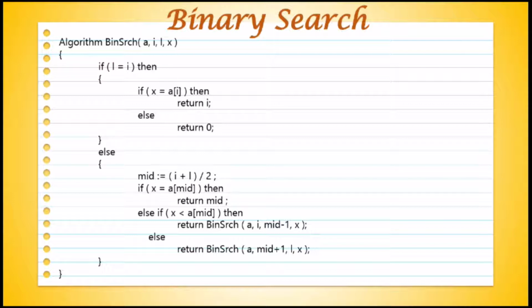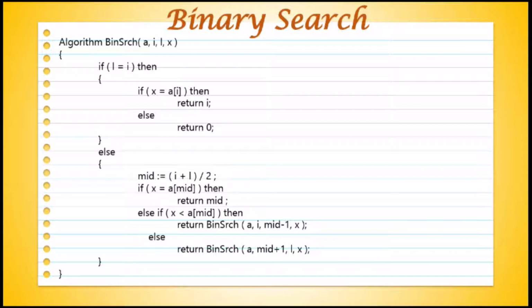So in this way, till we get the searching element, or at last, suppose the searching element is not present, we will return some value. So here in this algorithm, after calculating, we are returning the position of the element present in the list.